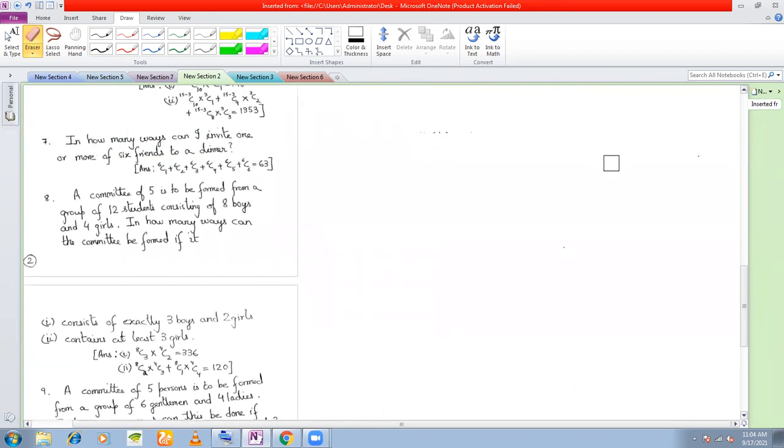Next question. Number 8. A committee of 5 is to be formed from a group of 12 students. Okay. Committee of 5 is to be formed. Number of people in the committee equal to 5.